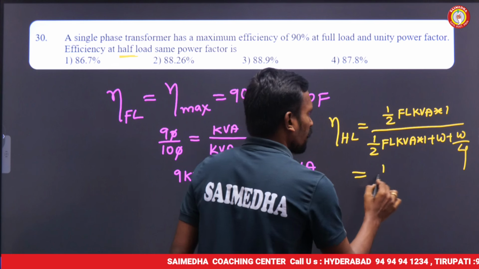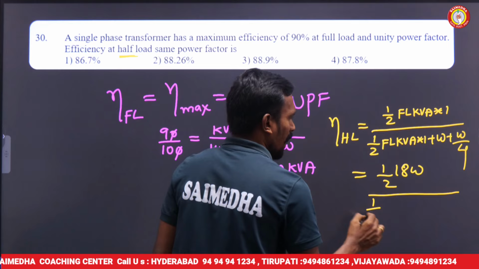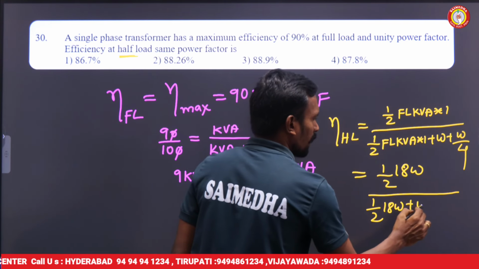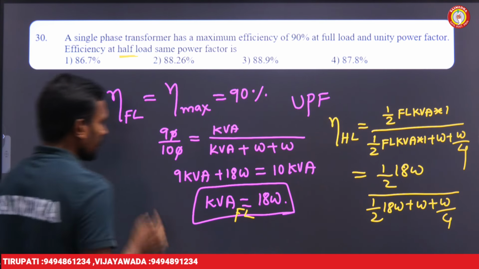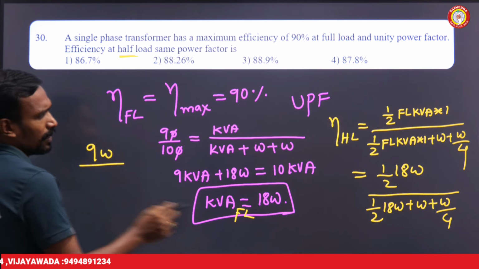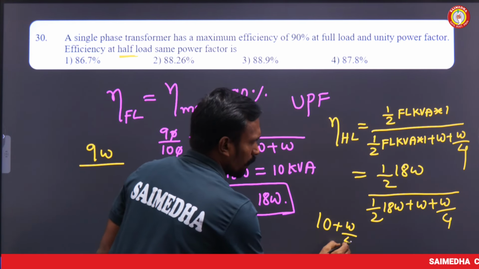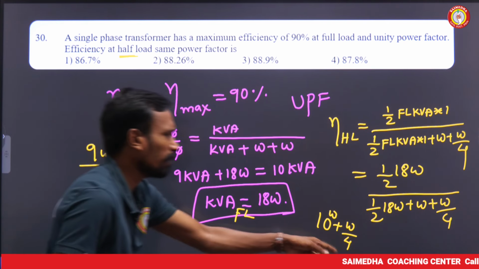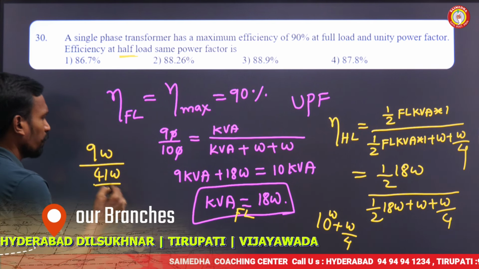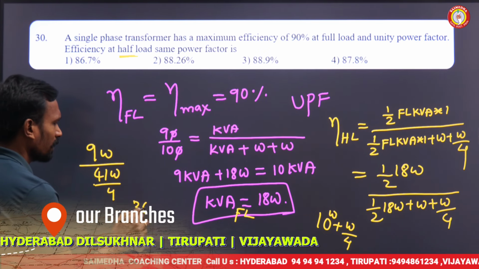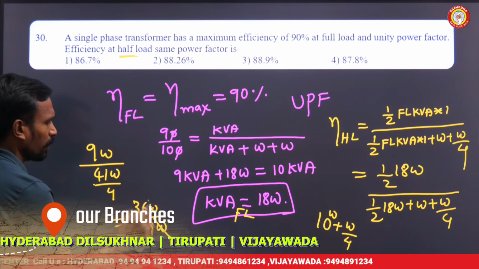Full load kVA is 18W, so 9W divided by 9W plus W plus W by 4. 9W plus W is 10W, plus W by 4, almost 41W by 4. This 4 will come, nothing but 36W by 41W. 36W by 41W is your answer.